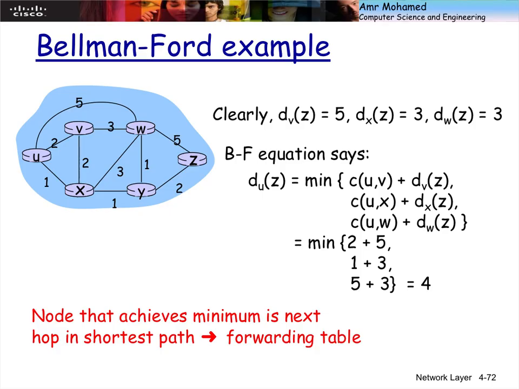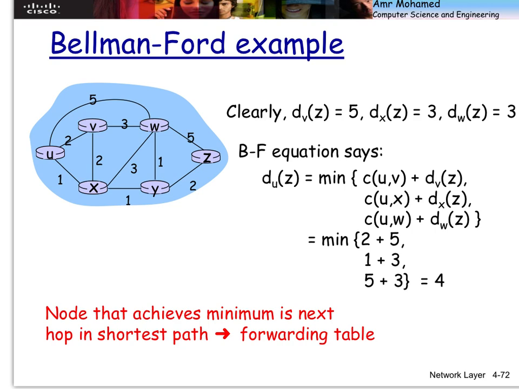So from this simple example, node U wants to reach Z. What node U has is the cost for all the directly connected links: the cost for this link, the cost for this link, and the cost for this link.